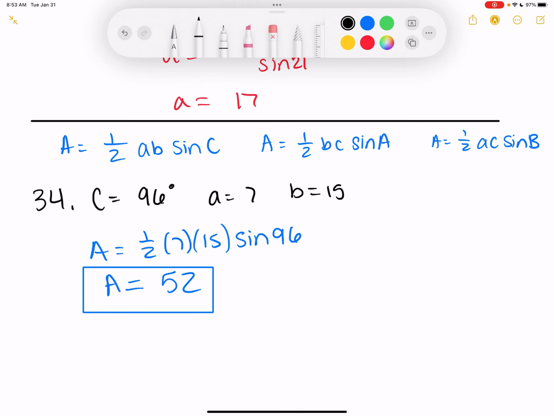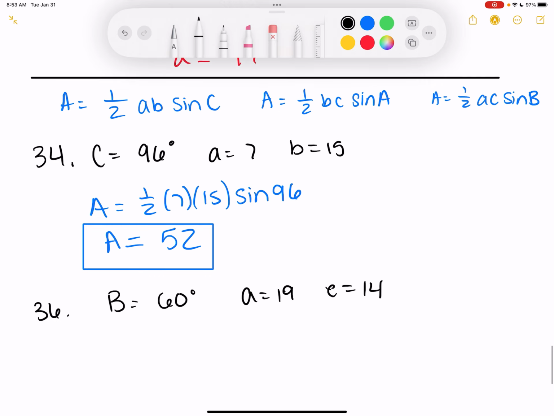Let's see, we'll do one more. 36, B is 60 degrees, A is 19, and C is 14. Don't we have to have units squared for area? Nope, not for these. I won't mark it wrong if you put it, but you don't need to have it.